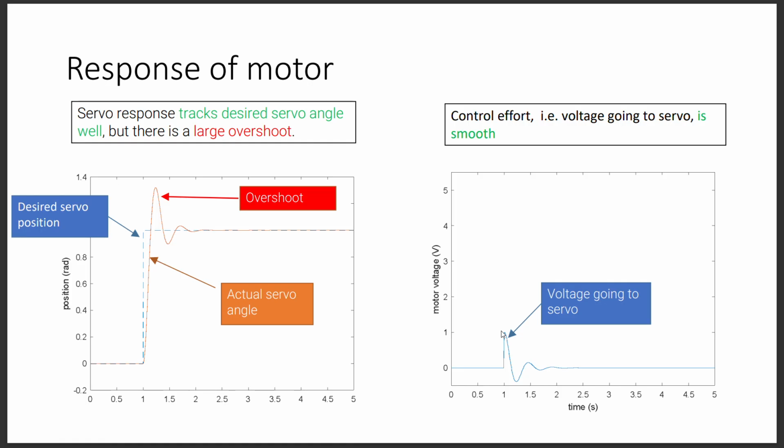That doesn't make sense, right? So we have physical limitations on the control signal, or control effort. It can't be whatever we want. It needs to make sense. We don't want to have spikes. We don't want to have really big values. We want to have smooth behavior.